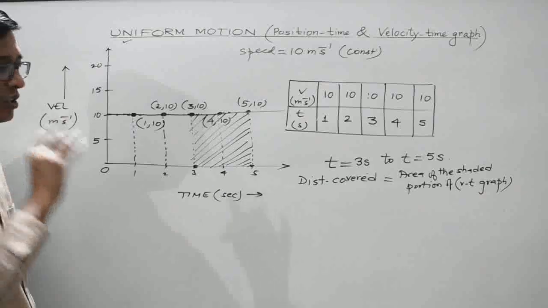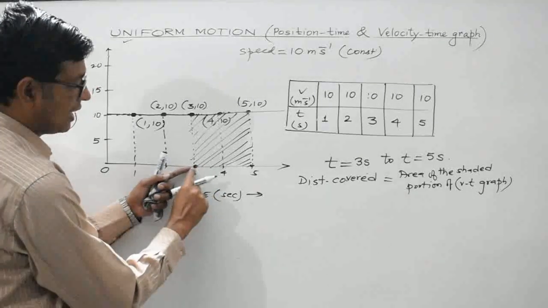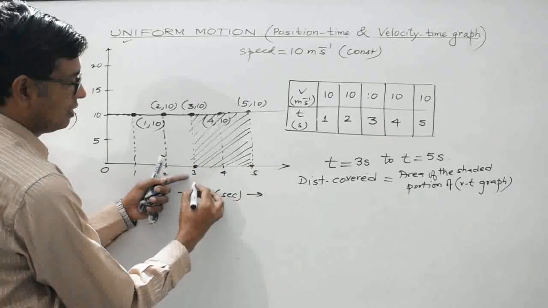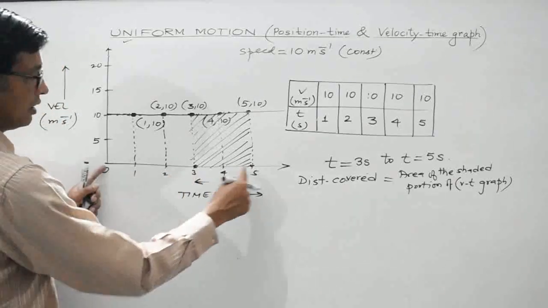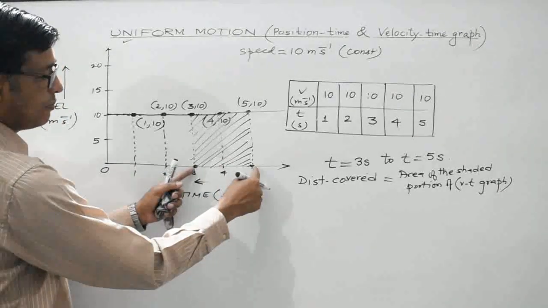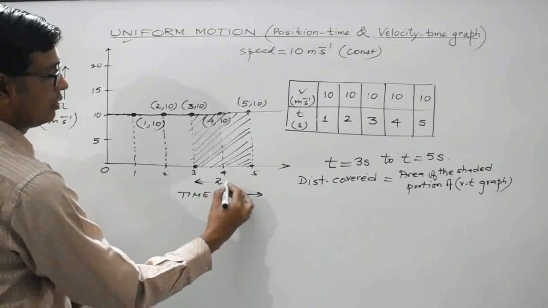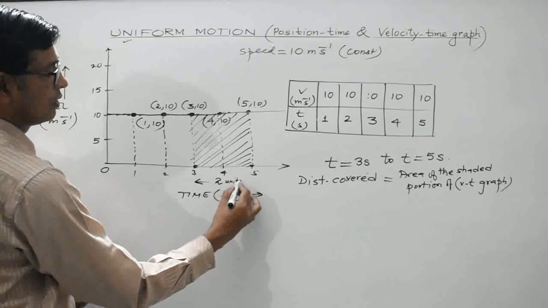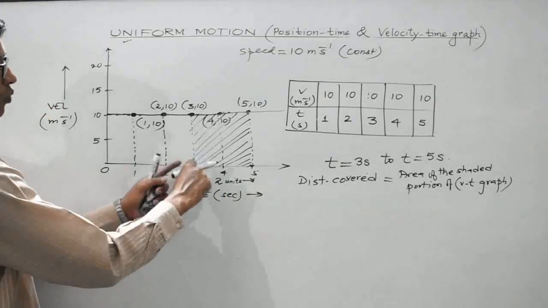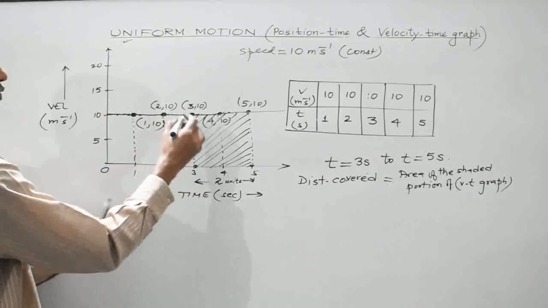Right? Let's check it out. Look, what is the dimension of this side? It is 2 units. It is 5 units, it is 3 units. So what's the gap between these two? It is 2 units, or rather 2 seconds. What's the gap between these 10 units?